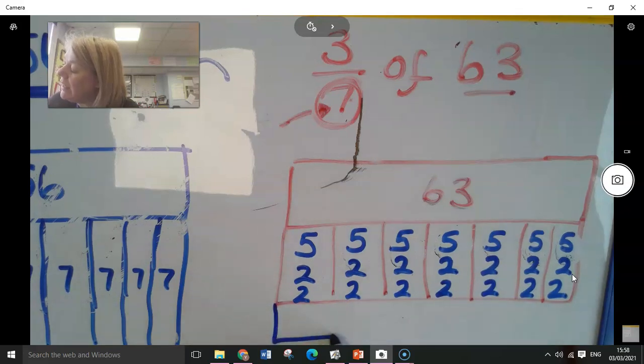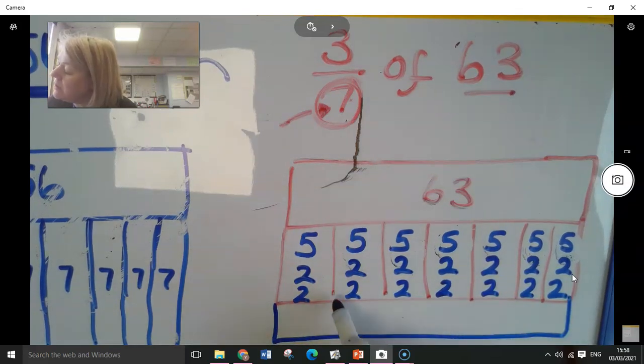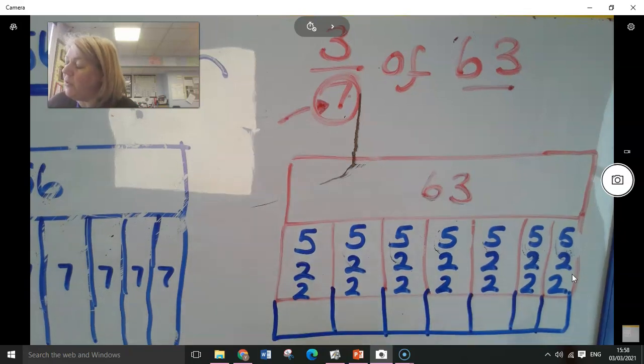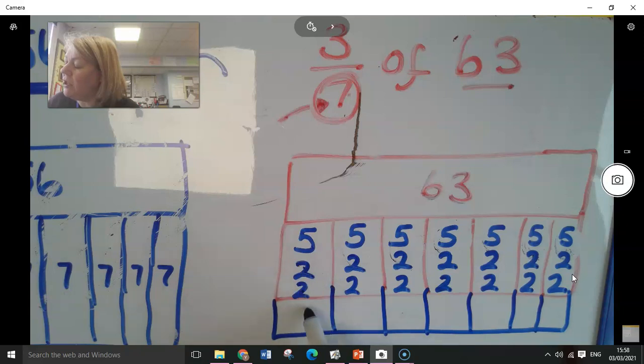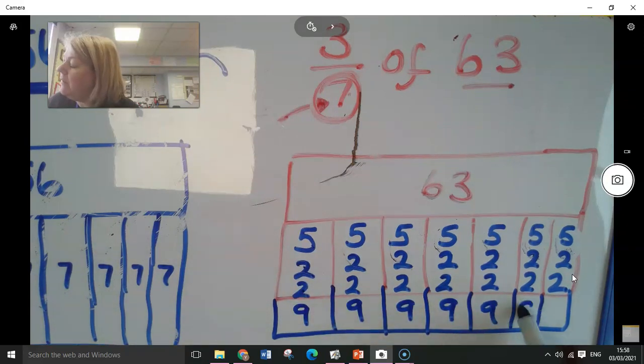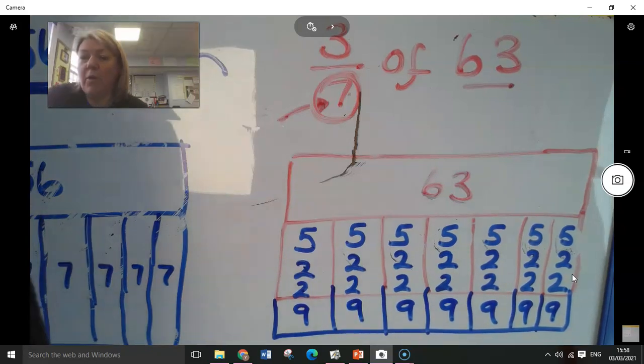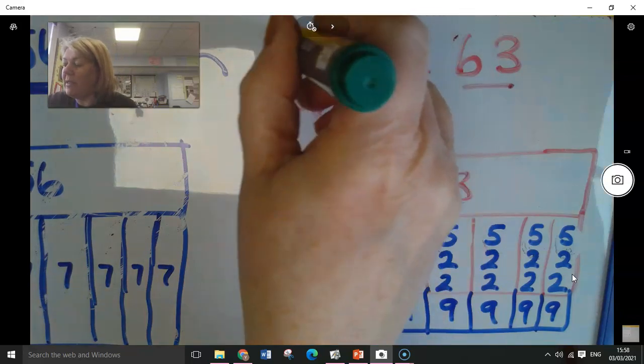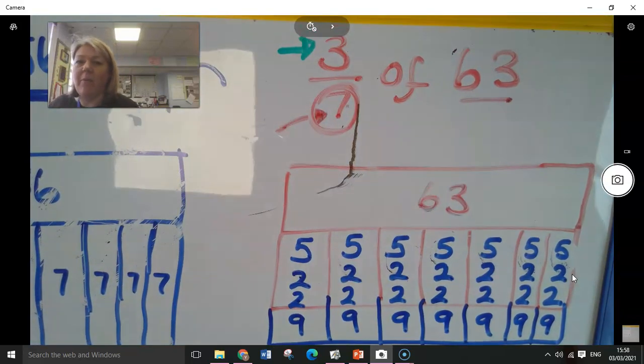I can see that each of my parts has got 5, add 2, add 2. It's got 9. Each of my parts has got 9. Okay. But I don't want one part this time. Oh, no, no. Naggy numerator is telling me I need 3 parts.